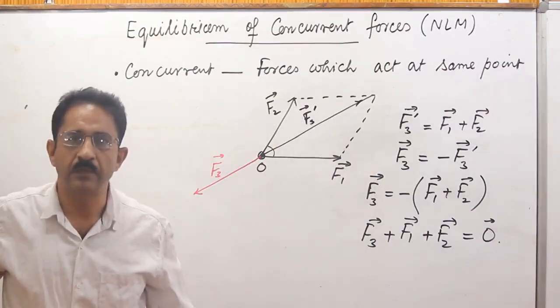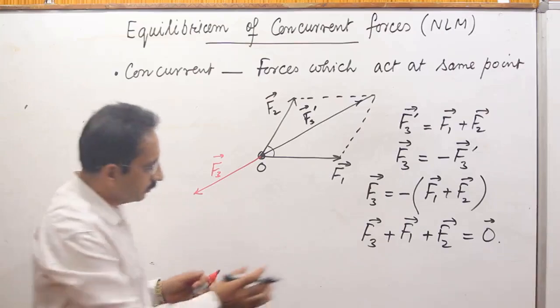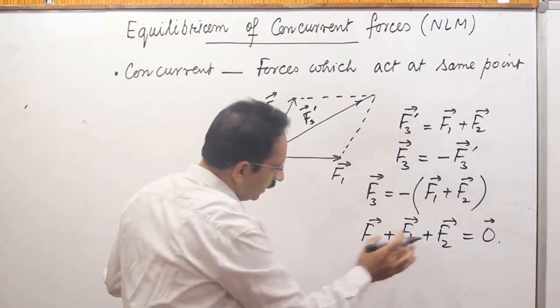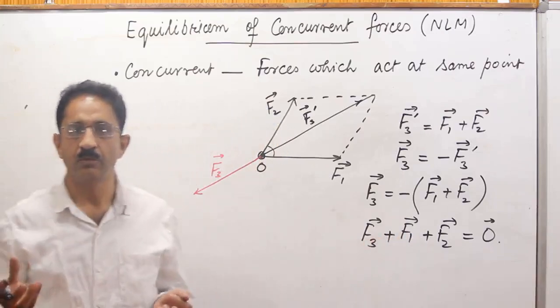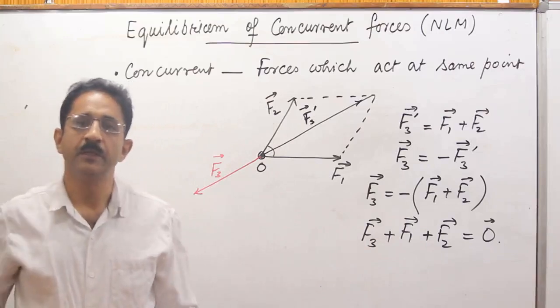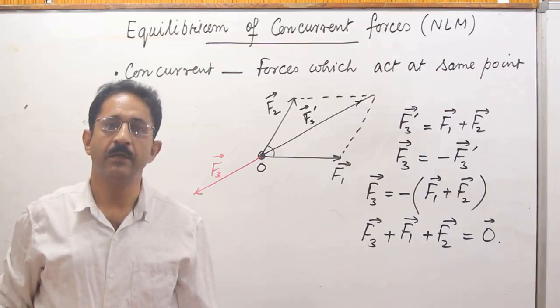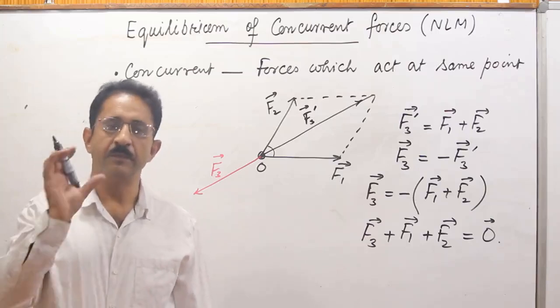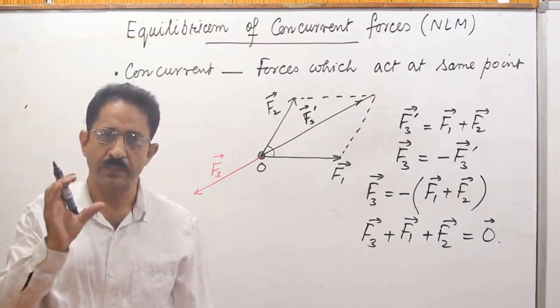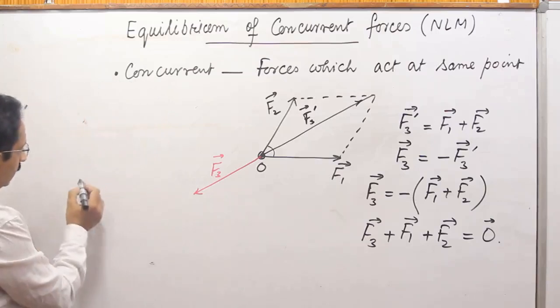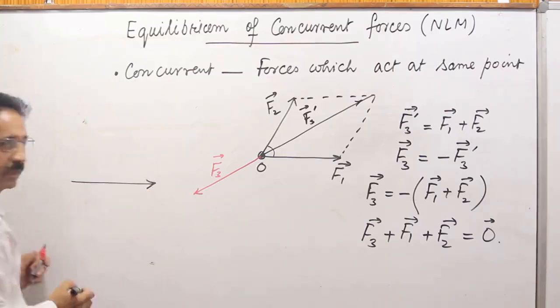We can say that three forces are said to be in equilibrium if their resultant is 0. In other words, there should be a triad of forces which can represent themselves. That means their magnitude and direction should be such that they form a triangle. That triangle will look like this.